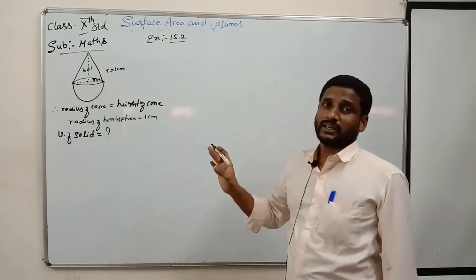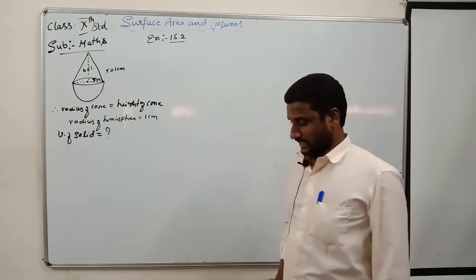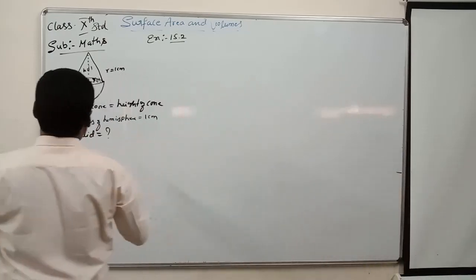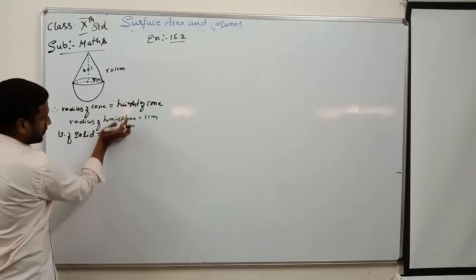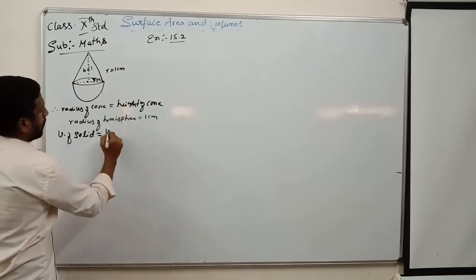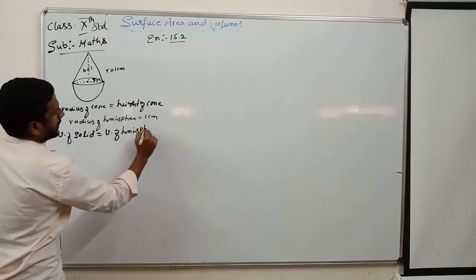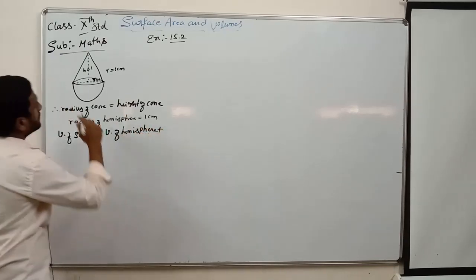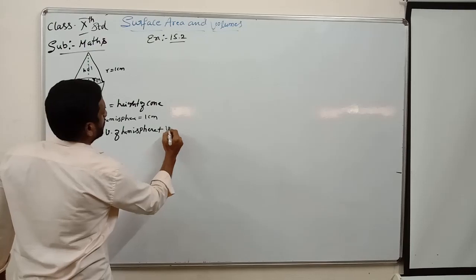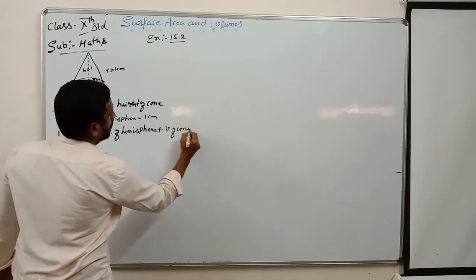Substitute the values and simplify. How do we find the volume of this solid? Volume of solid is equal to volume of hemisphere plus volume of cone.